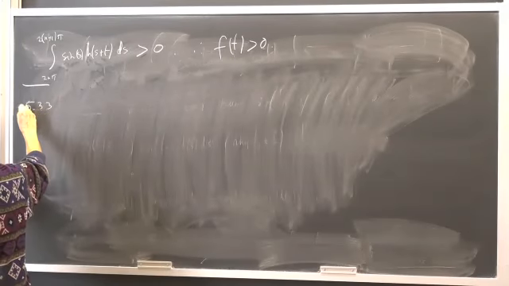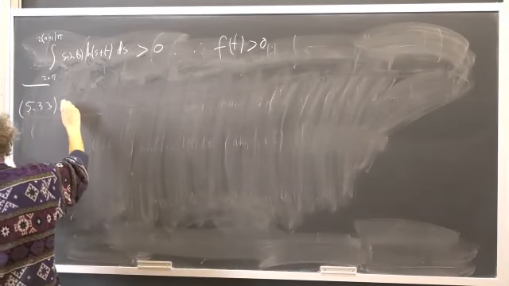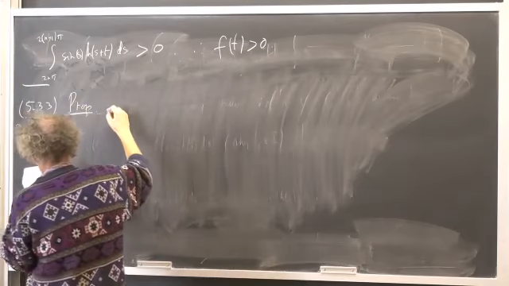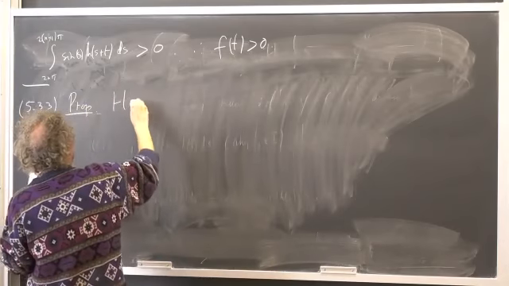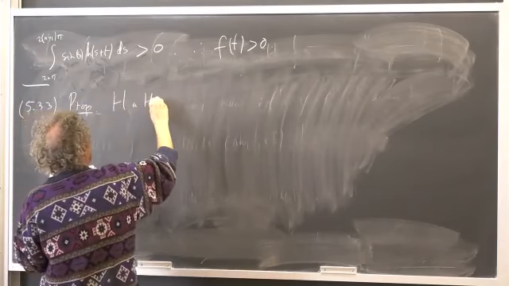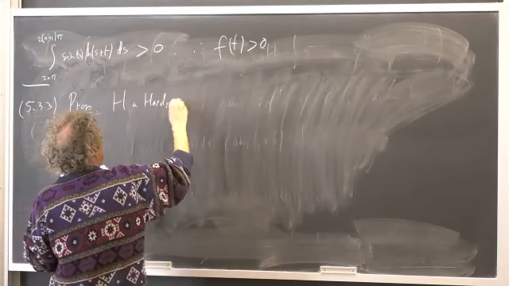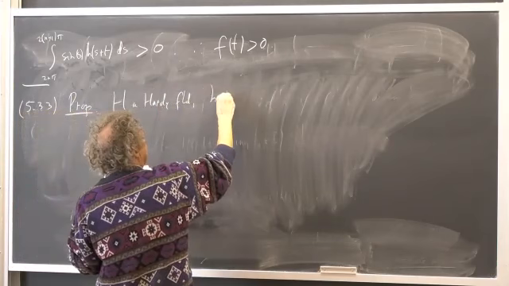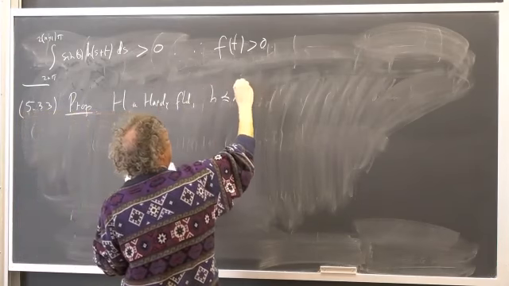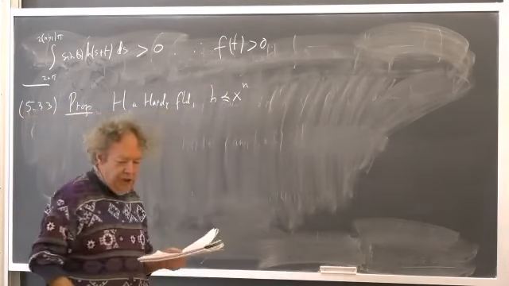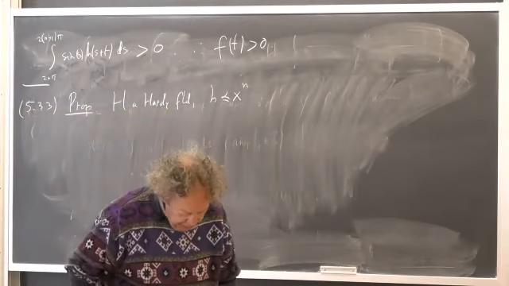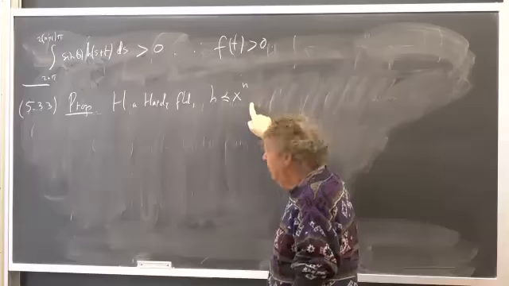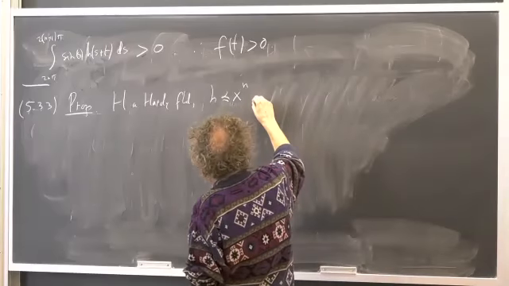Proposition 5.3.3. Let H be a Hardy field, and h is dominated by some finite power of x, x to the n for some n. N is always a natural number in my universe.